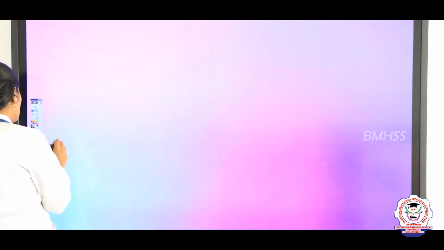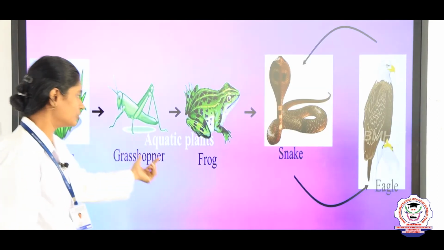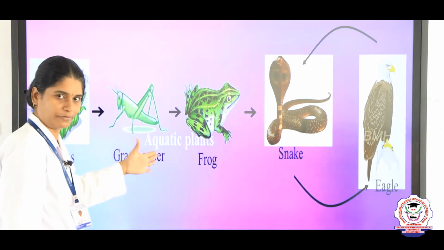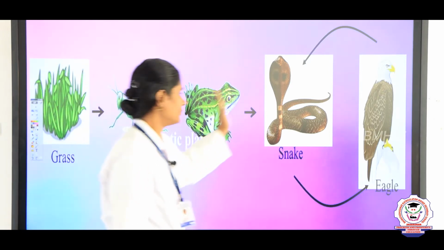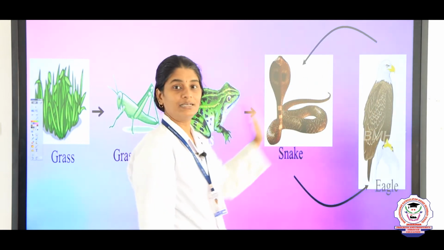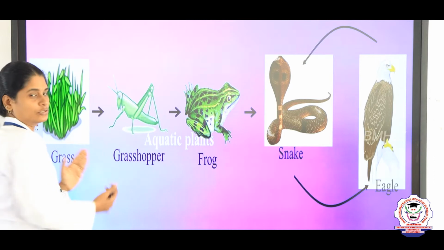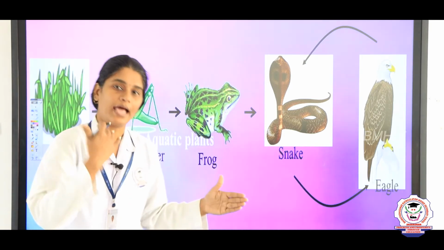Yes. Some more food chains, let's see here. Grass is eaten by the grasshopper. Grasshopper is eaten by a frog, is eaten by a snake, is eaten by an eagle. The producers are nothing but the plants. Plants prepare their own food with the help of the sunlight, air and water.